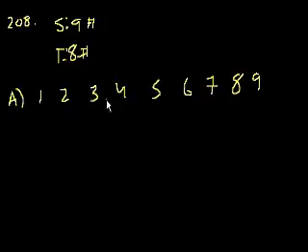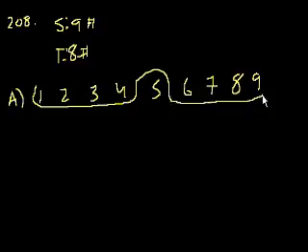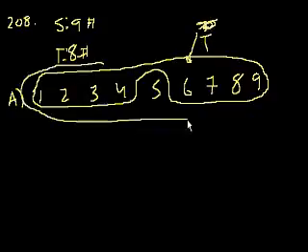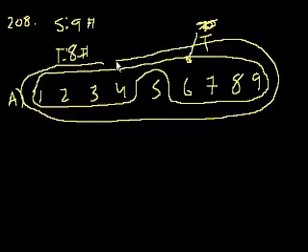So if this is S, what if T were just this right here? So let me label that. That's T. And then S is everything, so it's T plus the 5.